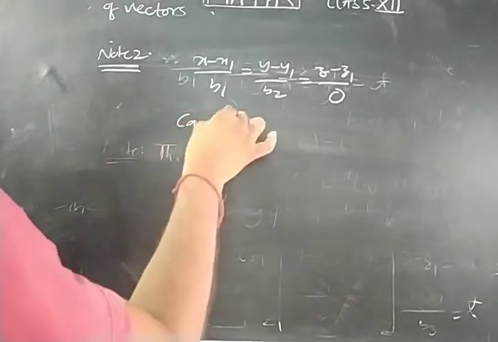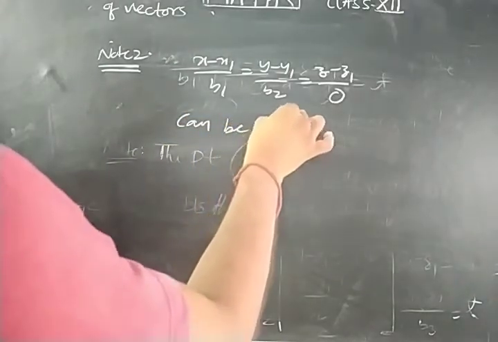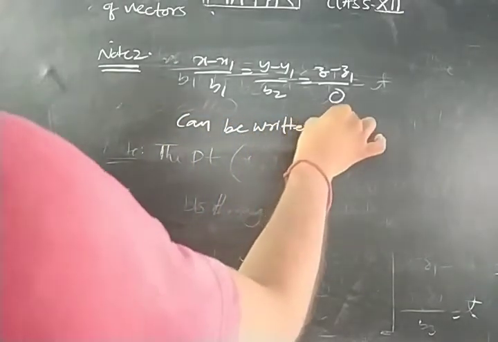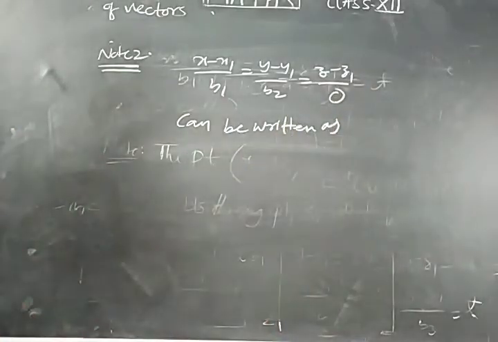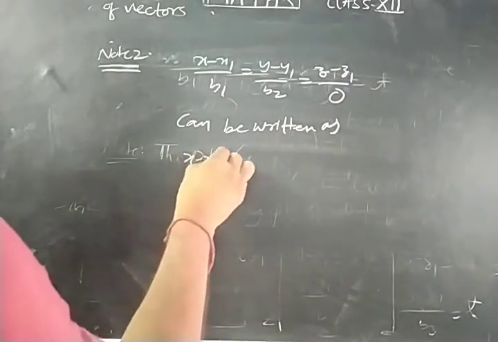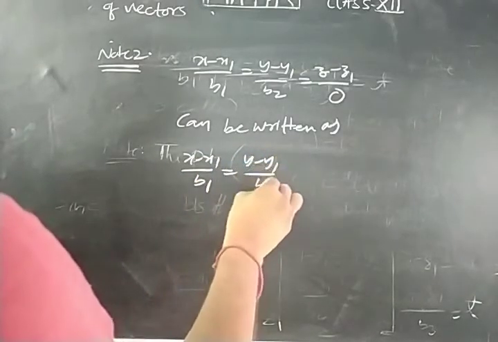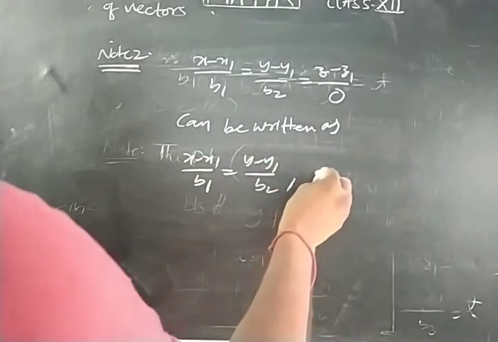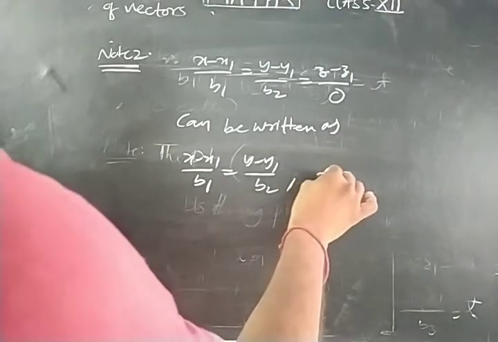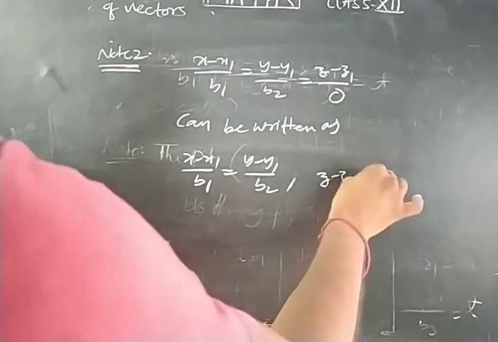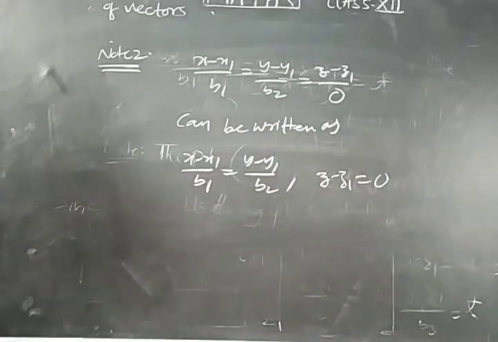This can be written as, if you have denominator 0, x minus x1 by b1 equals y minus y1 by b2, comma, z minus z1 is equal to 0. You can split this equation into two parts: one is x minus x1 by b1 equals y minus y1 by b2, another one is z minus z1 equal to 0. This is note 2.